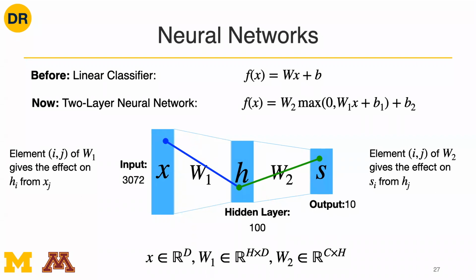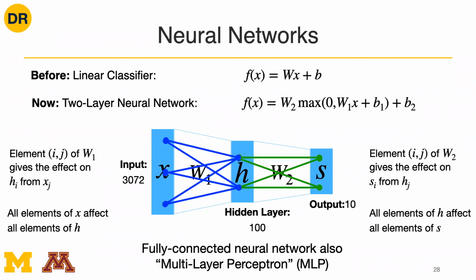In this particular scenario, let's say W1 and W2 are very dense matrices. What we are talking about is something called a fully connected network, or in other words, a multi-layer perceptron. Do you remember the perceptron in the first lecture that came in the 1950s?